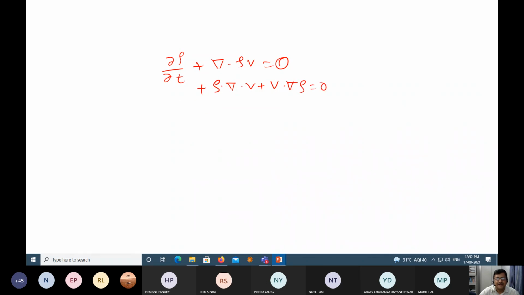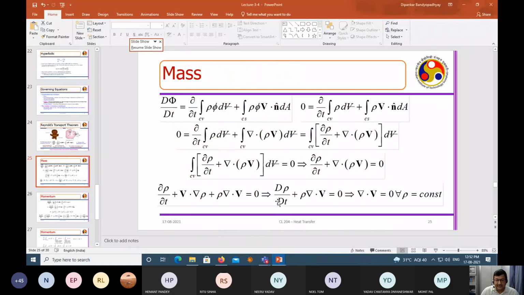Now, del rho by del t and V dot del rho can be written as D rho by Dt. This term is the local term and this is the convective term, plus rho divergence of V equal to 0. In this case, if you put rho to constant, then again you require del dot V equal to 0. So it is also possible to write this particular equation in terms of the substantial derivative.